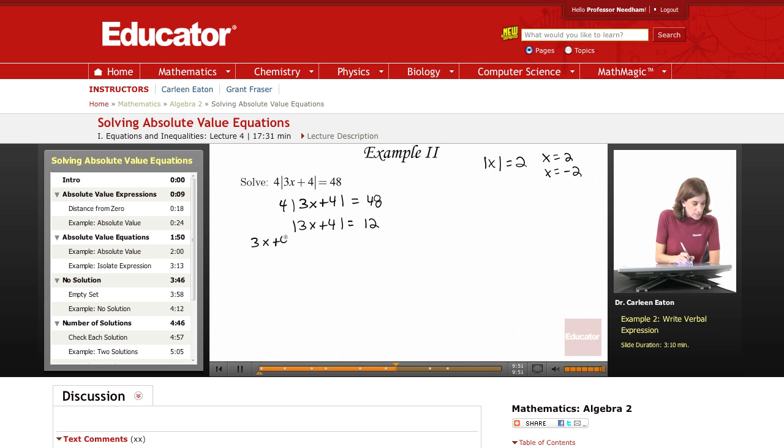So in order to get rid of these absolute value symbols, I'm going to create two related equations: 3x plus 4 equals 12, or 3x plus 4 equals negative 12. Then I'm going to solve both and check to make sure that they're valid solutions.